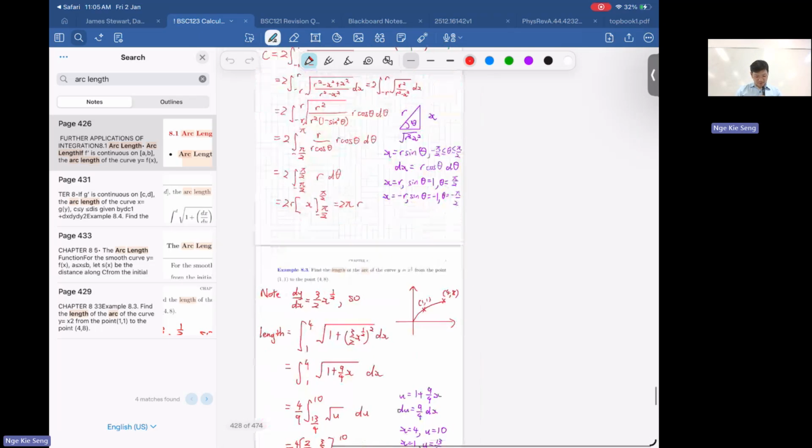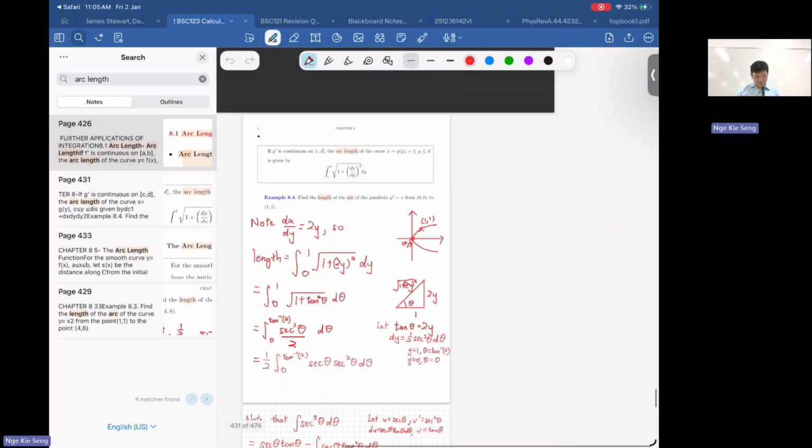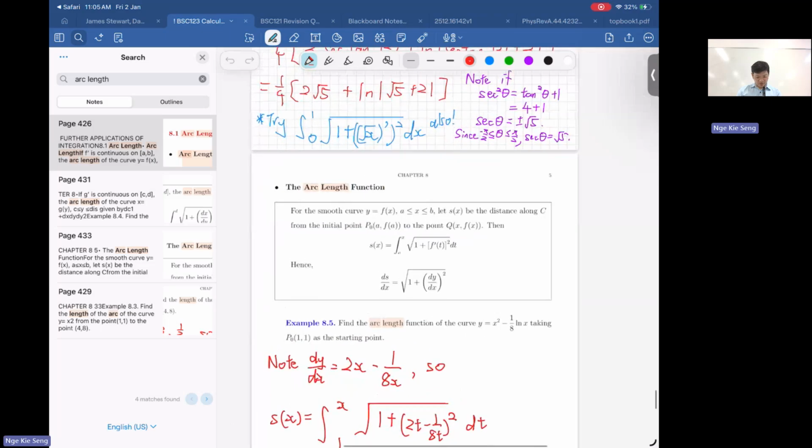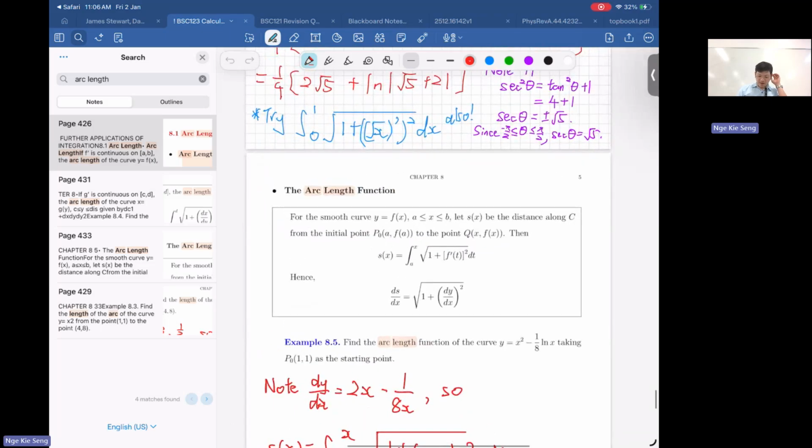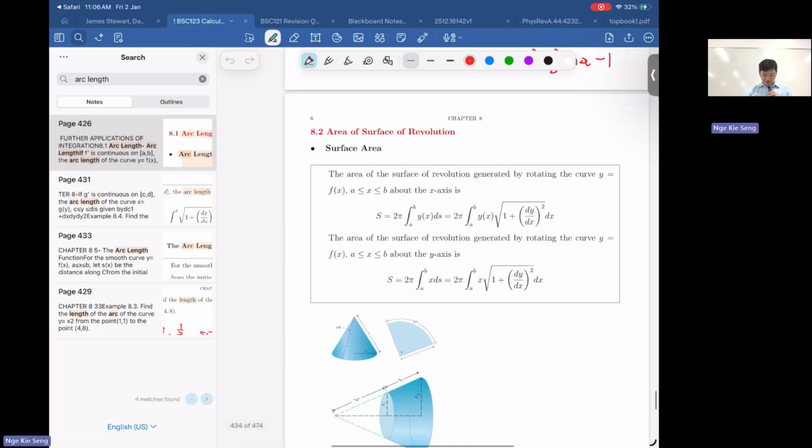And then there's another thing called the arc length function. Basically it's the function where you integrate up to a certain point x, instead of having a definite length. That's it. You make it into a function.